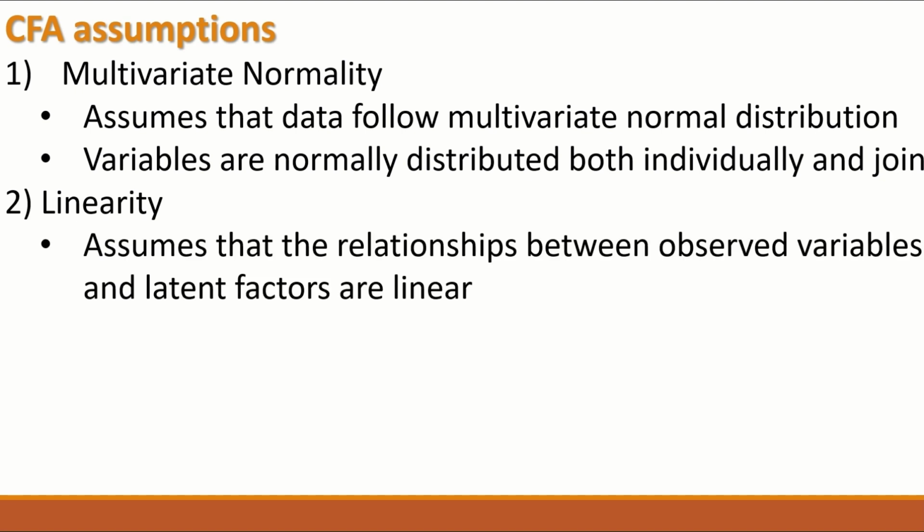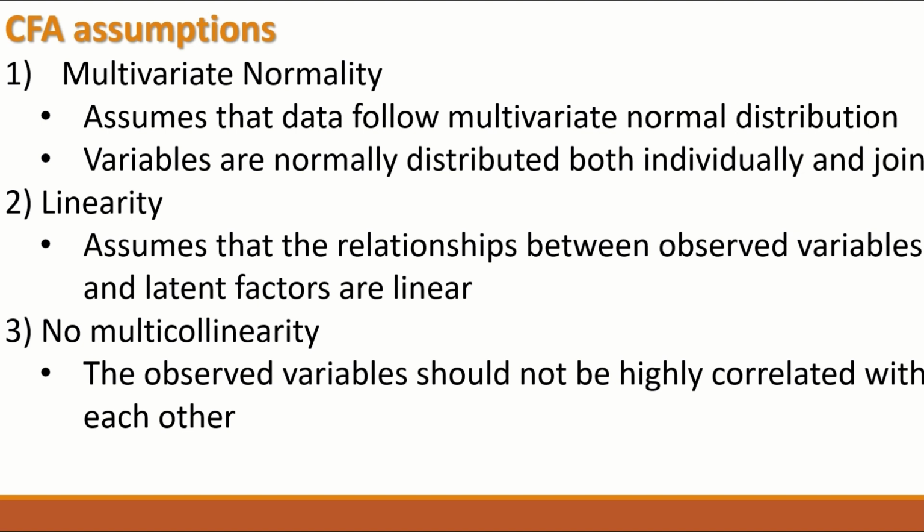The second assumption is linearity. It assumes that the relationship between observed or measurable variables and the latent factors or constructs is linear. The third assumption is no multicollinearity. The observed variables should not be highly correlated with each other, i.e. items within factor or factors should not have a high correlation coefficient.